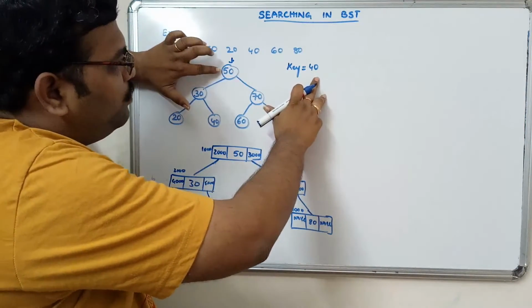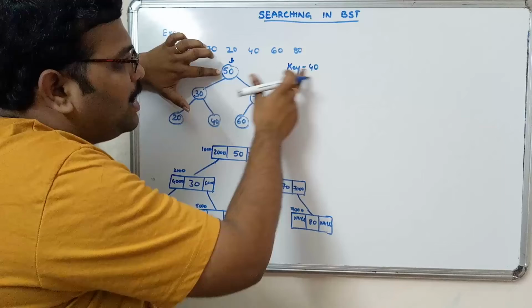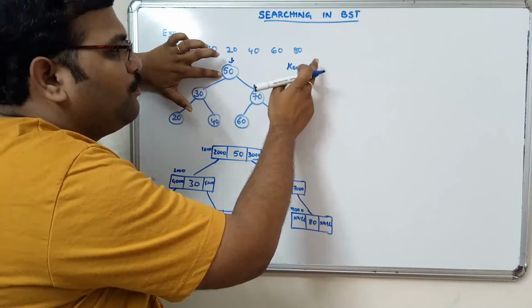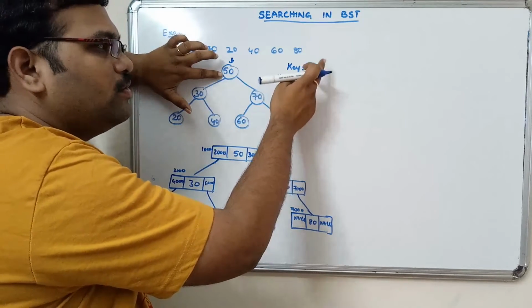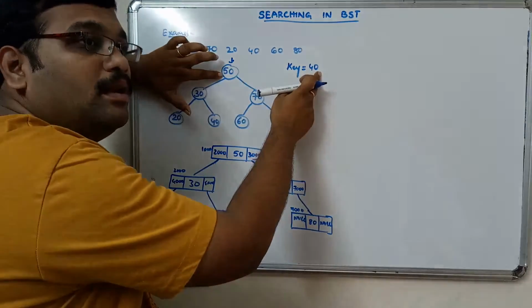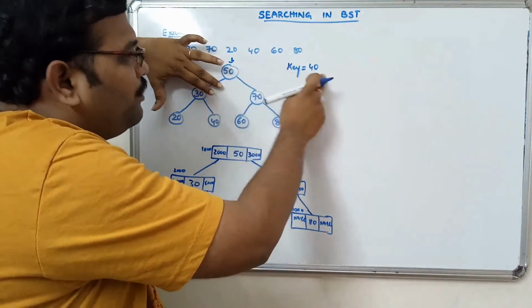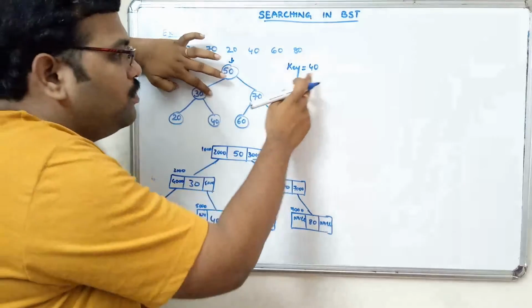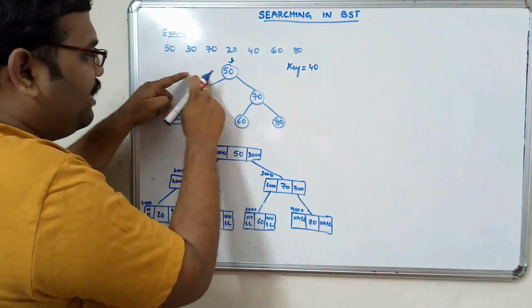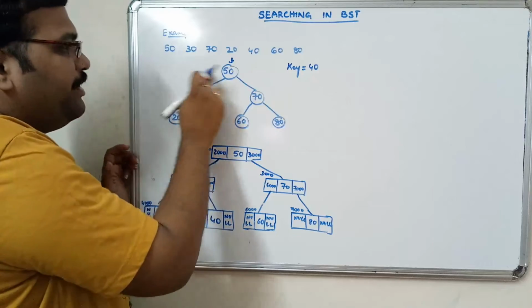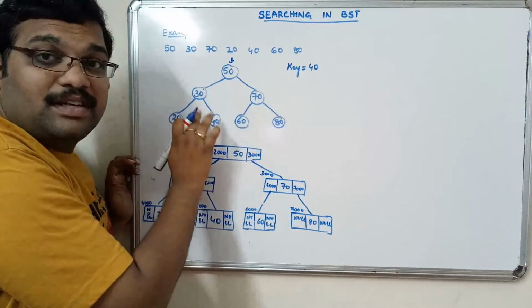False. Now compare 40 and 50. 40 is less than 50, so 40 can be available in the left subtree, because all the elements which are less than the root will be available in the left subtree. So now we have to go with the left subtree. We have to reduce the search space to the left subtree.